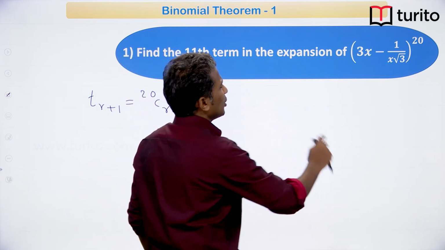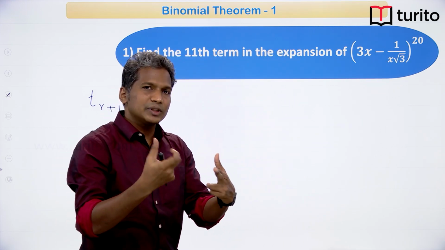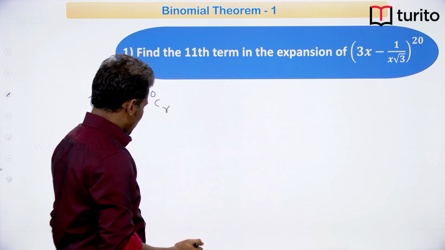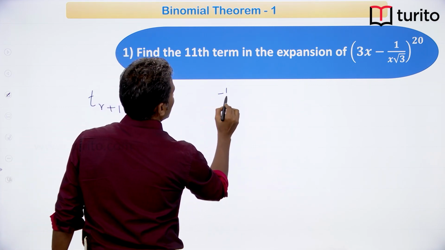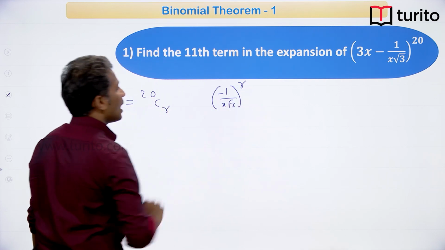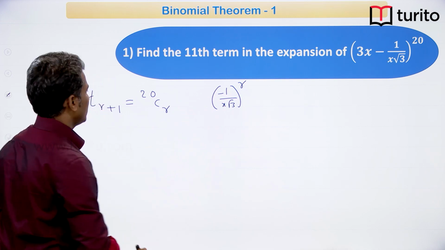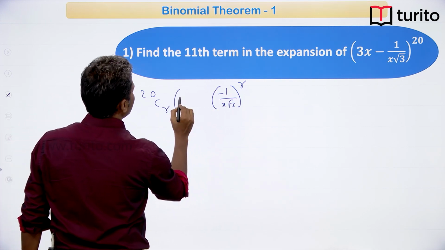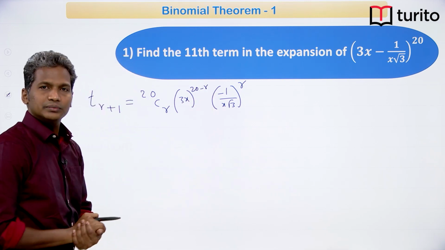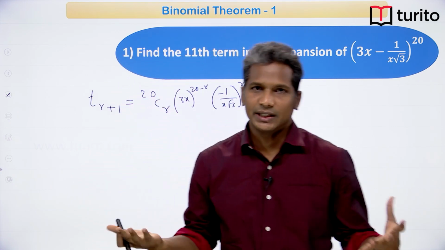I always remember that the second term out of those two binomial terms will have the power r. So minus 1 by x root 3 is going to have power r, which means the first term will have power n minus r. Here n is 20, so 3x raised to 20 minus r should be there. So we have got the expression for the general term.